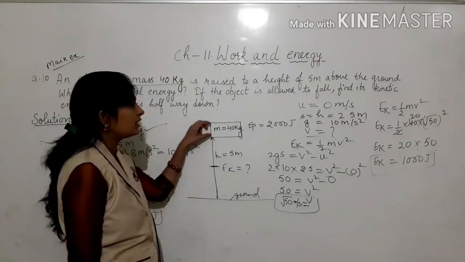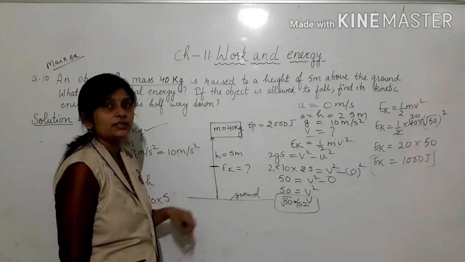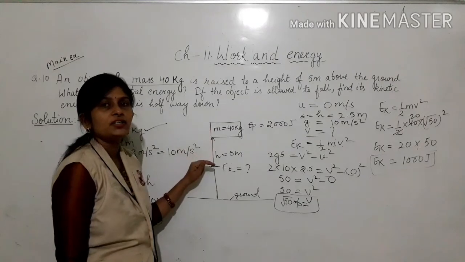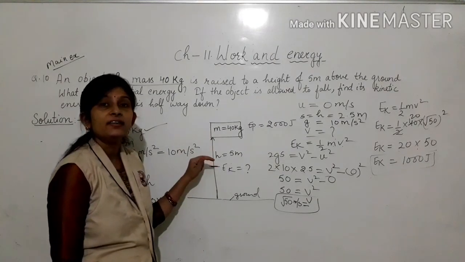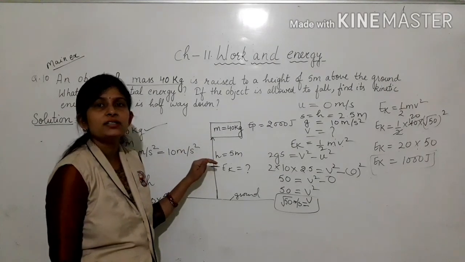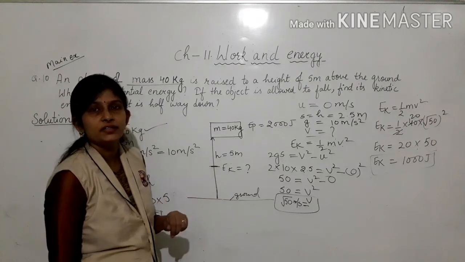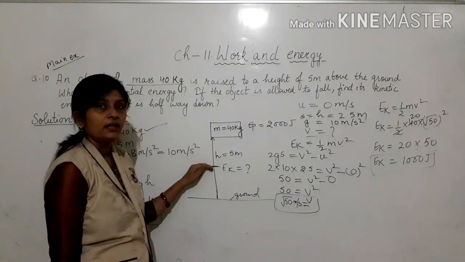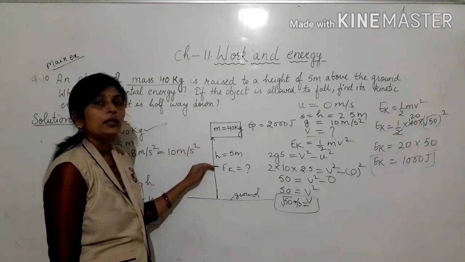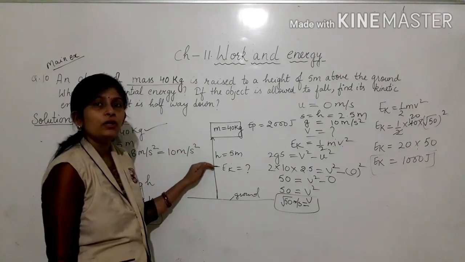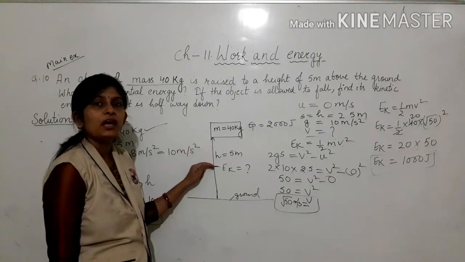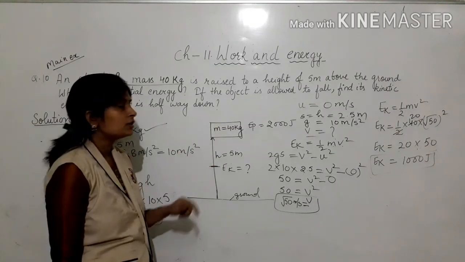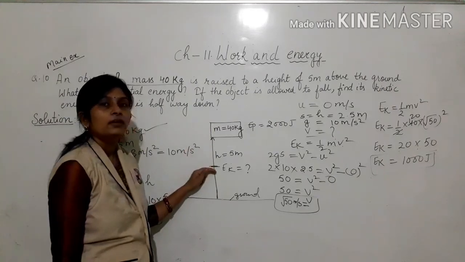Now as this object is made to fall freely towards earth, its height decreases, so its potential energy decreases, and that reducing potential energy is getting converted into kinetic energy. When it reaches halfway, its height becomes half of the former value, so its potential energy becomes half of 2000 joules.